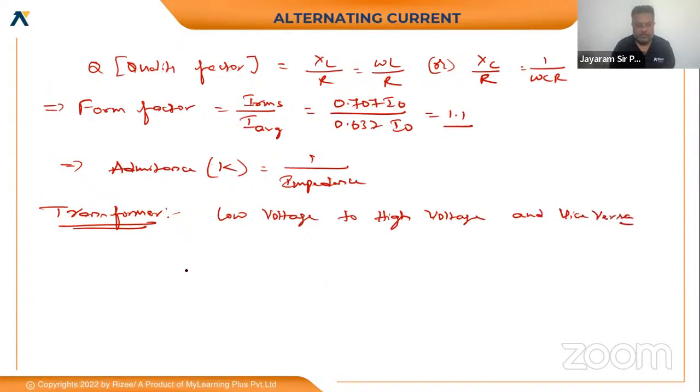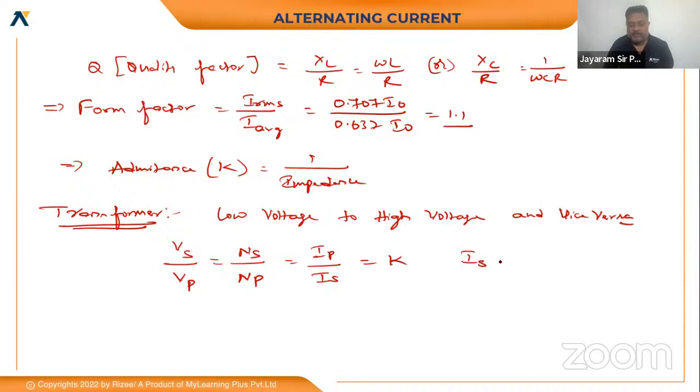So it can also work in reverse. From this, what can we write? The potential of the secondary by the potential of the primary is equal to the number of turns in the secondary by the number of turns in the primary, which is equal to the current in the primary by the current in the secondary, and this will always remain constant. That is, Is into Vs is equal to Ip into Vp.